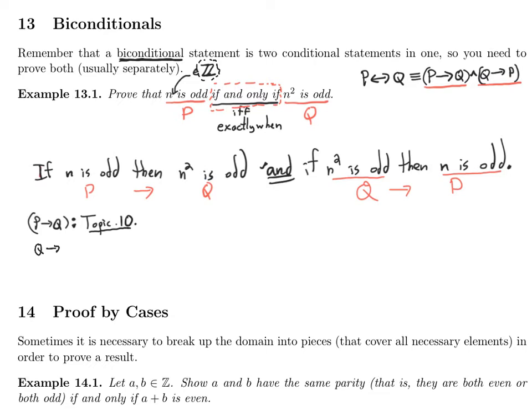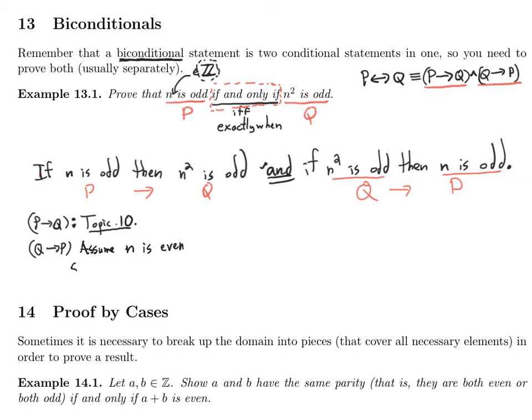Q implies P. And we're going to prove this via the contrapositive. We're going to assume the then part is false, show that the if part must be false. So we're going to do this argument here. So assume that n is not odd, so it's even.